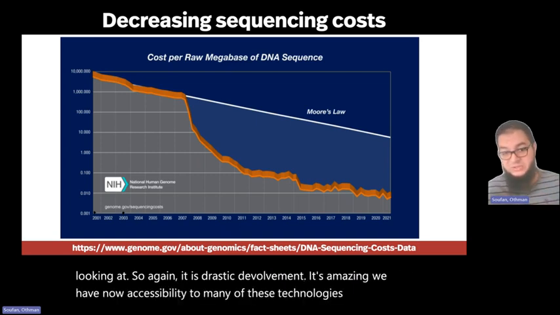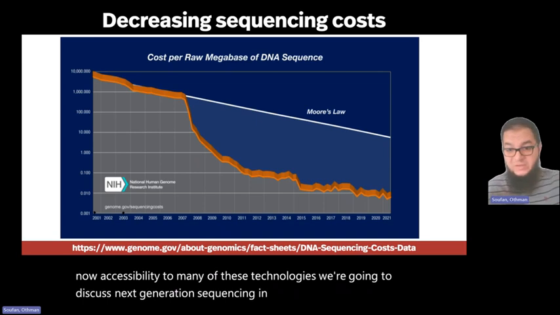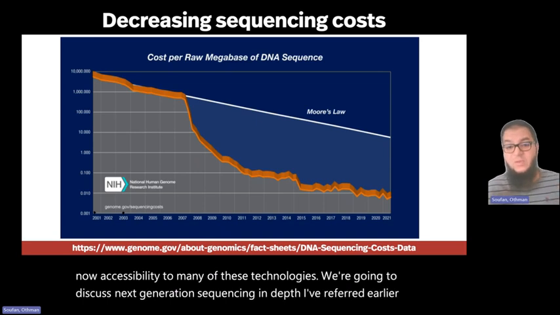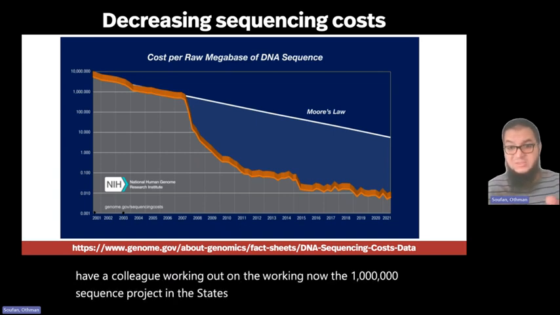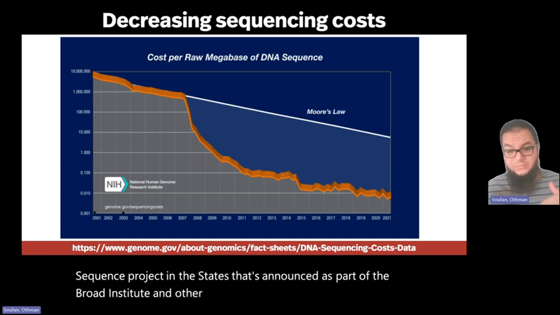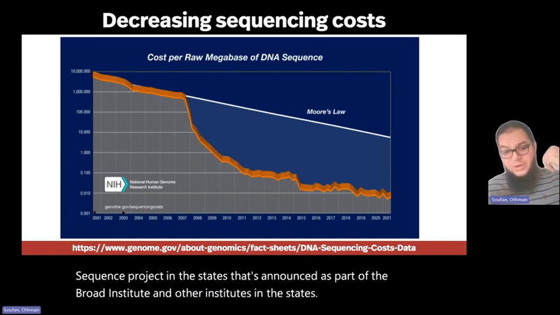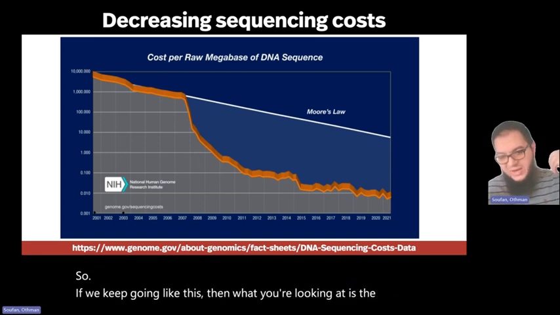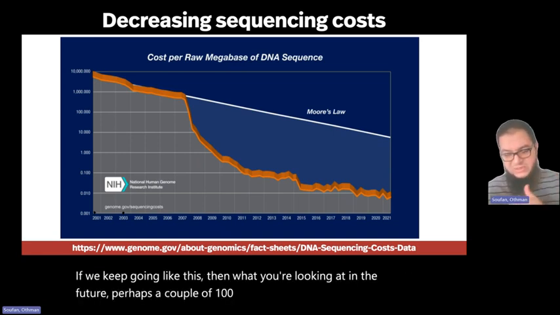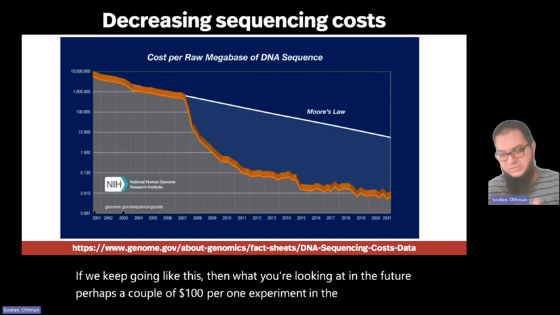We're going to discuss next generation sequencing in depth. I've referred earlier, I have a colleague working now on the 1 million sequence project in the States that's announced as part of the Broad Institute and other institutes in the States. So if we keep going like this, what we're looking at in the future is perhaps a couple of $100 per experiment in the coming few years.